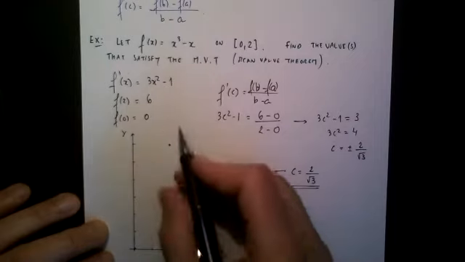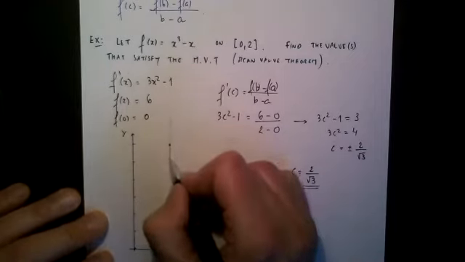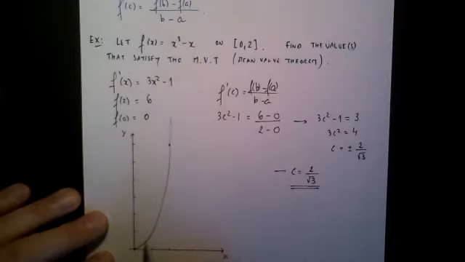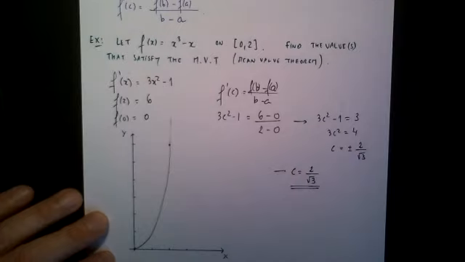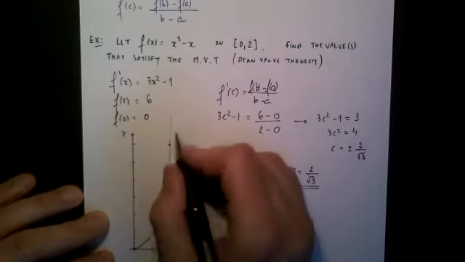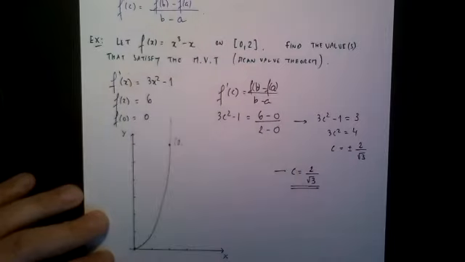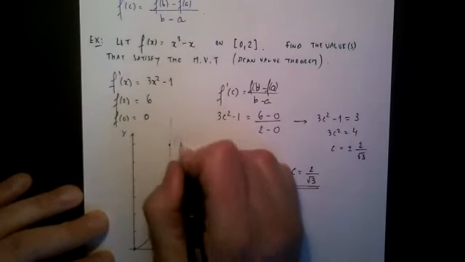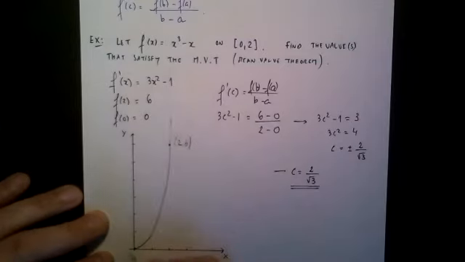Okay, so my guess is going to be something like this. Is it? I don't think so. Yeah, I messed it up. Whatever. It's not that important what it looks like. But here I have 2, 6. Here I have 0, 0.